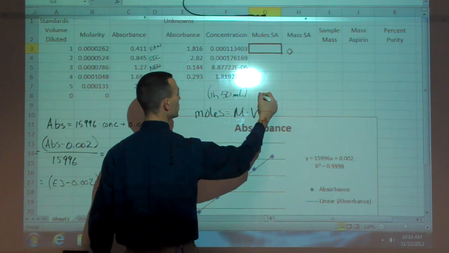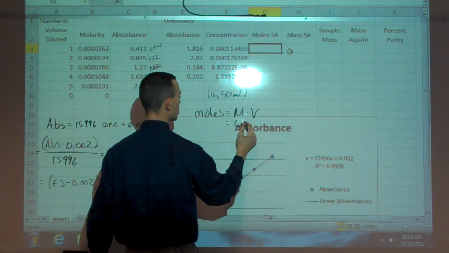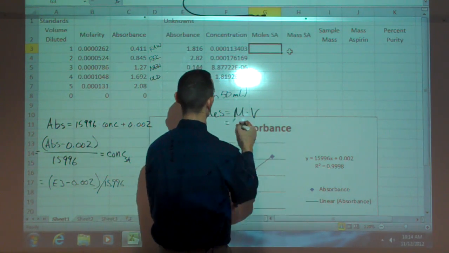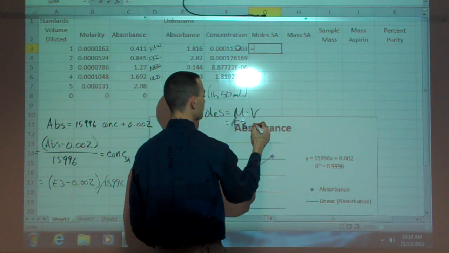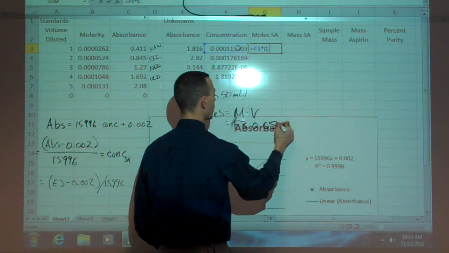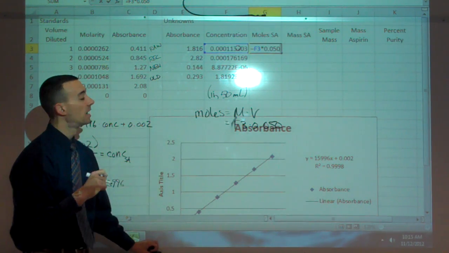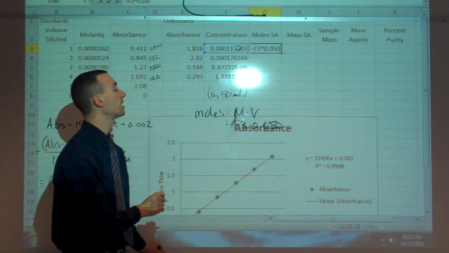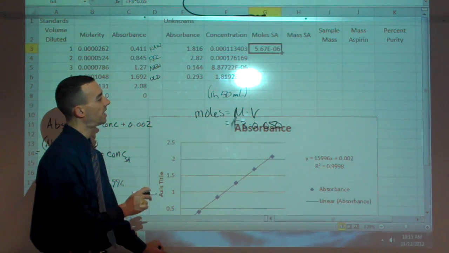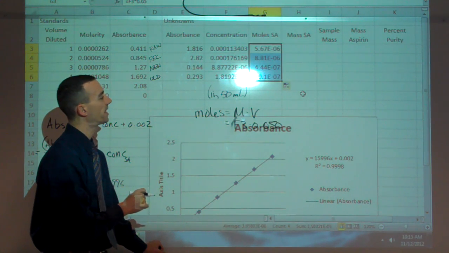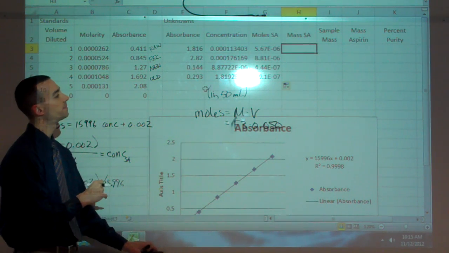So each of these would be equal to the respective molarity value, that's F3 times 0.050, because 50 milliliters needs to be converted to liters. It's going to be a pretty tiny amount. We were working with very small quantities.